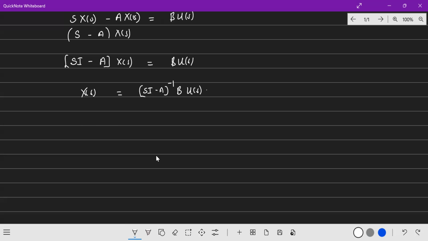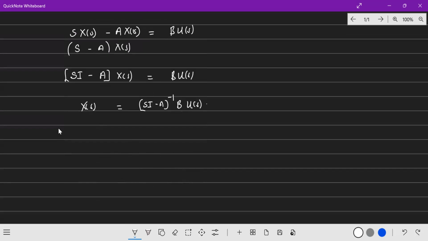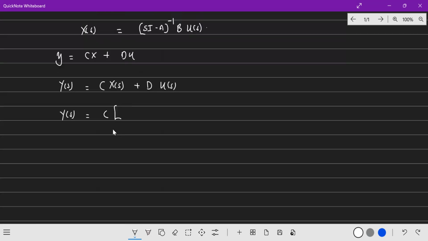All right, now the next thing we're going to do is plug this into the second equation. But before we do that, let's also find the Laplace of the second equation. Remember that our output equation is Cx plus Du. So this will be Y(s) equal to CX(s) plus DU(s). Substituting X(s), Y(s) equals C (sI minus A) inverse B U(s) plus DU(s).